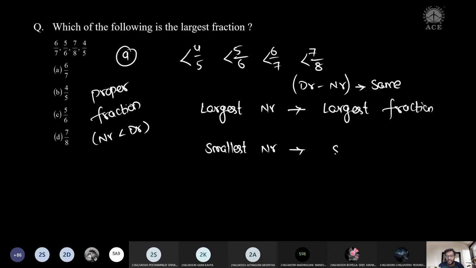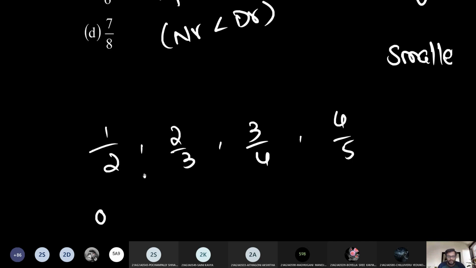Right. Sir, how can you say this? Let's work with a simple example. I know 1 by 2, 2 by 3, 3 by 4, for example. Let's work on this. And 4 by 5. 1 by 2 is 0.5, sorry.